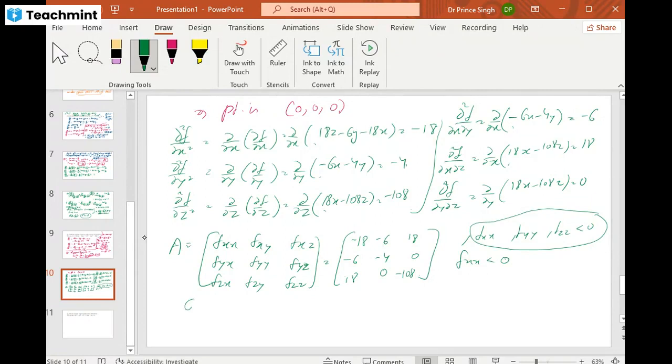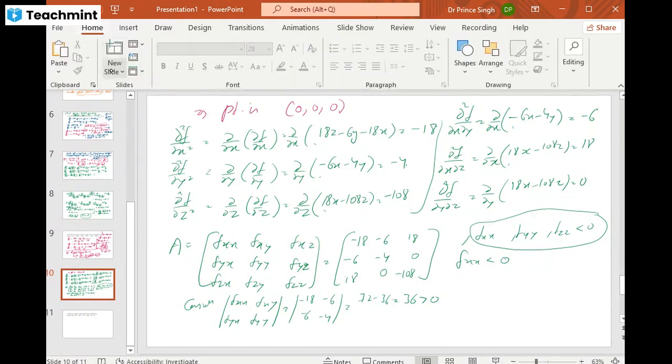Now consider the determinant of fxx, fxy, fyx, fyy: −18, −6, −6, −4. That is 72 minus 36, which is 36, and it is positive. And the third one, the determinant of A, should be negative.